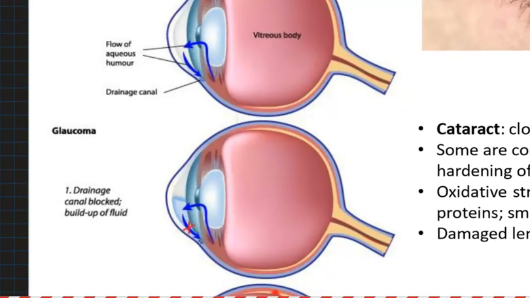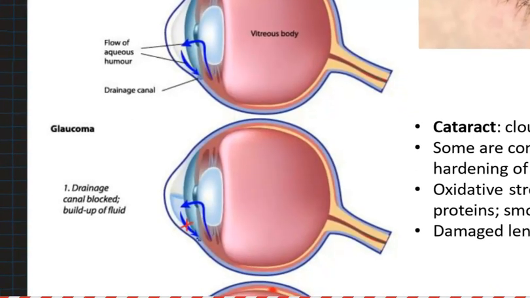So look at what happens. Your aqueous humor has to drain into the scleral venous sinus. If there is no drainage, what happens? The fluid builds up in your anterior segment.